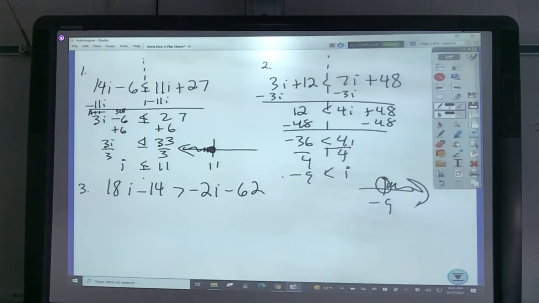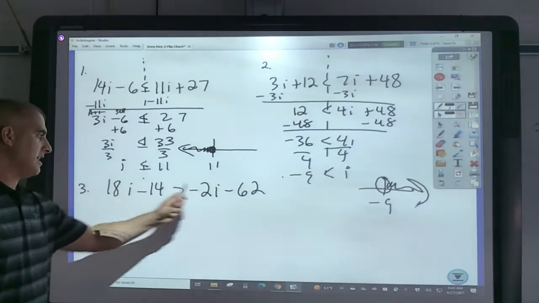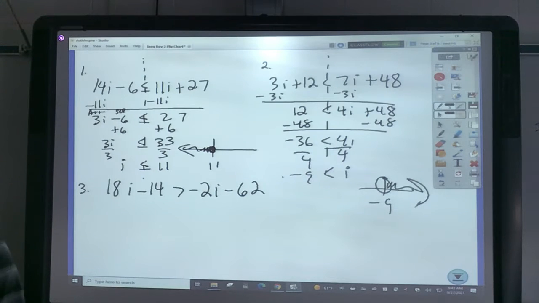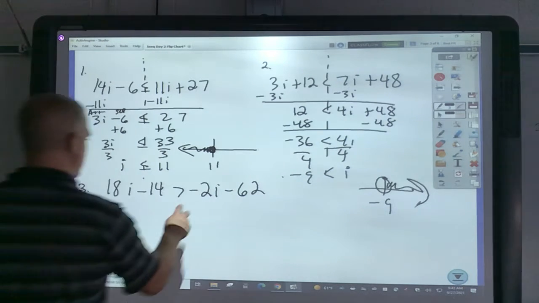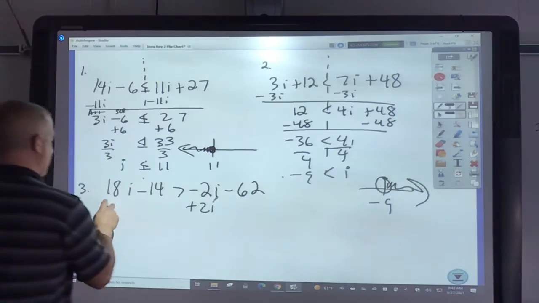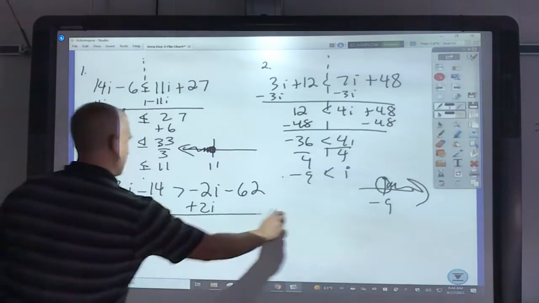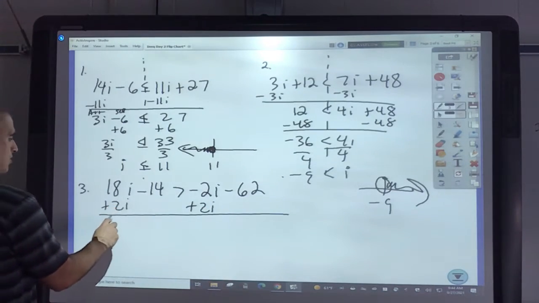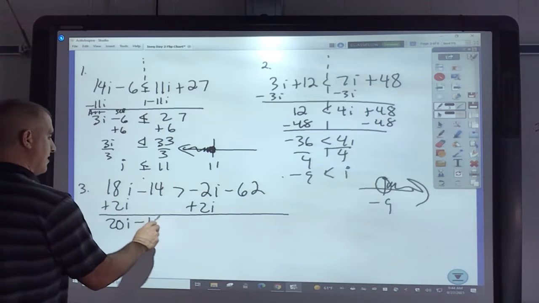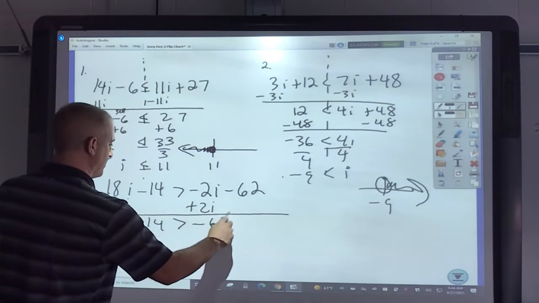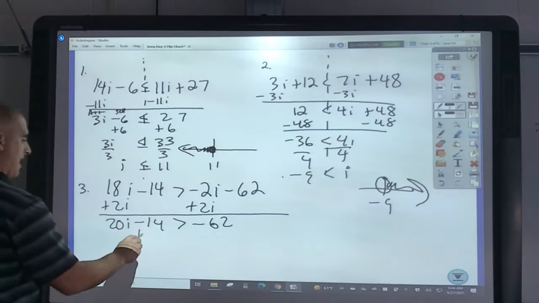Okay? All right, be careful. What's smaller? 18i, negative 2i. It is going to be negative 2i. So in this case, I'm going to add 2i. So 18i plus 2i would be 20i. Minus 14 greater than negative 62. I want to add 14.